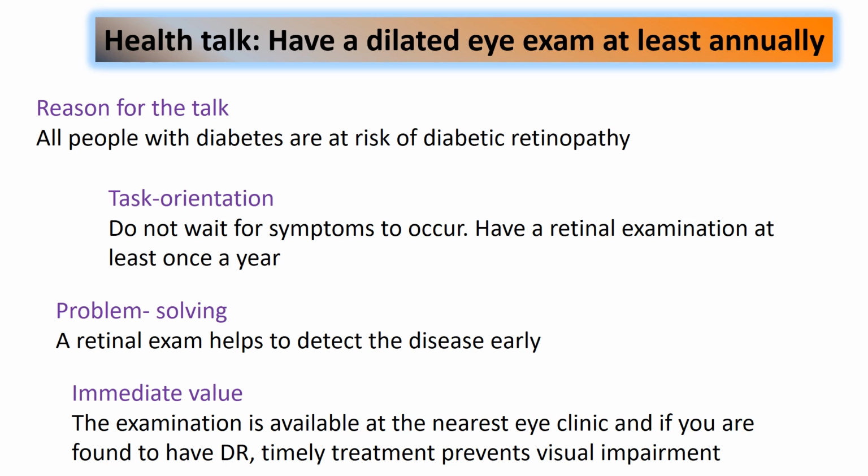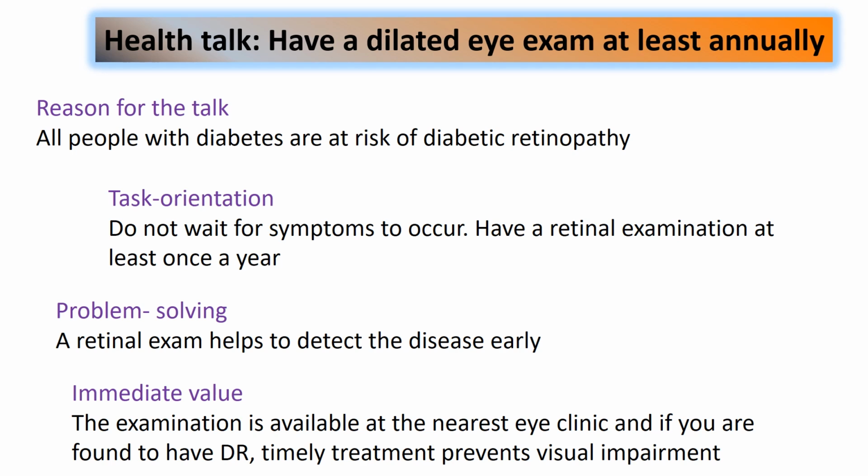An example is a health talk on a dilated eye exam. The first principle is that adults need to know why they need to learn. So the reason for this talk is that all people with diabetes are at risk of diabetic retinopathy. How does this talk link to the task the patient needs to do? The patient should not wait for some symptoms to occur, but should have a retinal examination at least once a year.